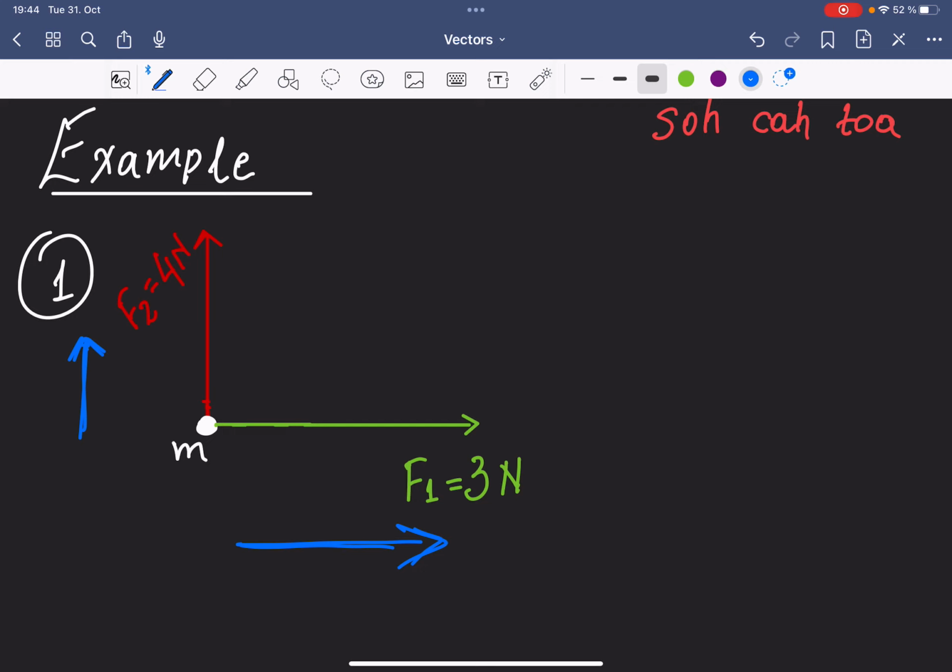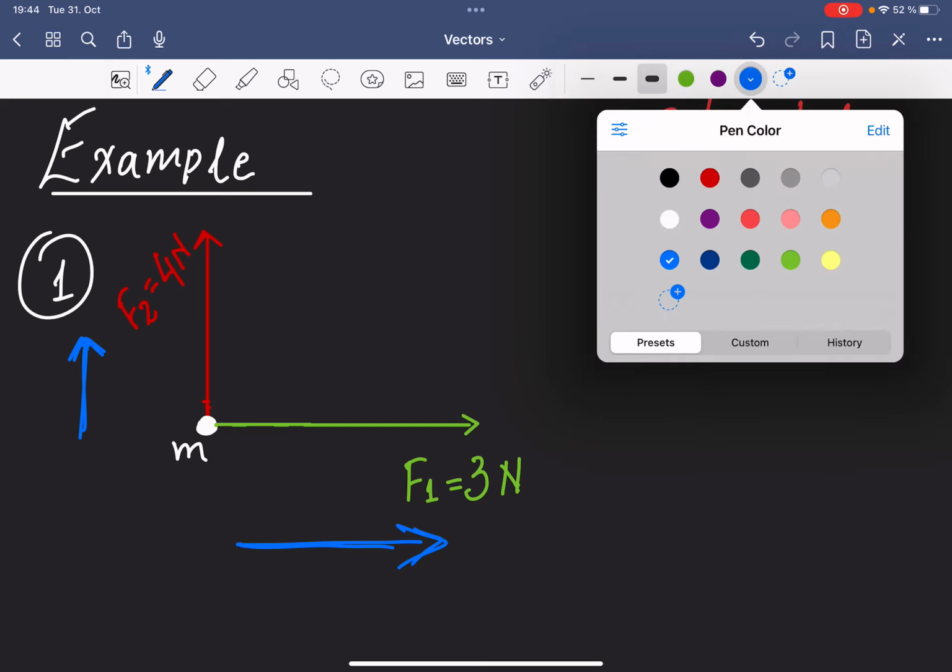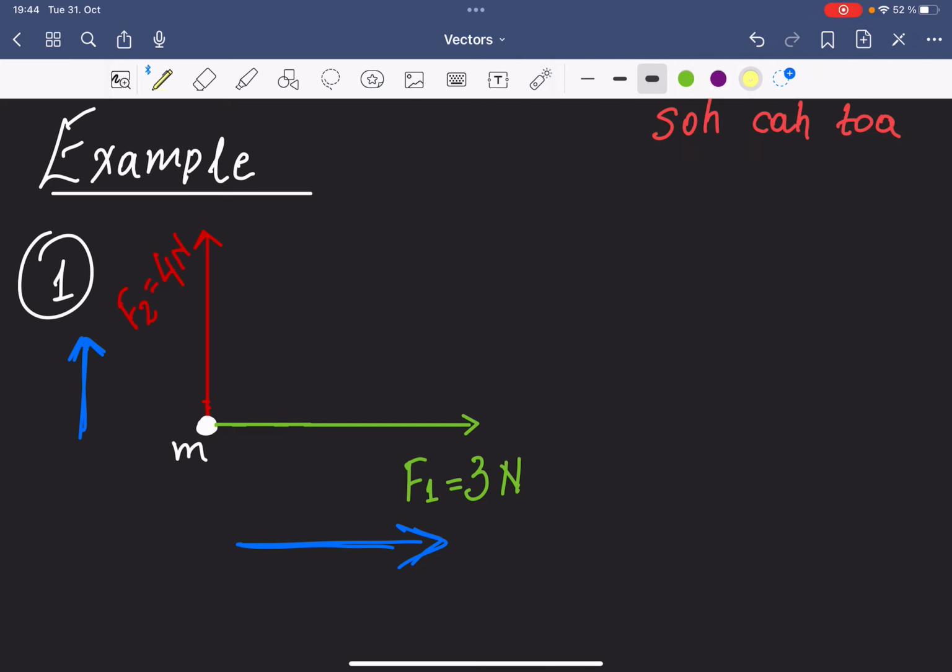So as we discussed before, what we need to do is draw a parallel line with the length of F1, starting at the head of F2. So I'm drawing this line which should be parallel to F1 and have the same length as F1.